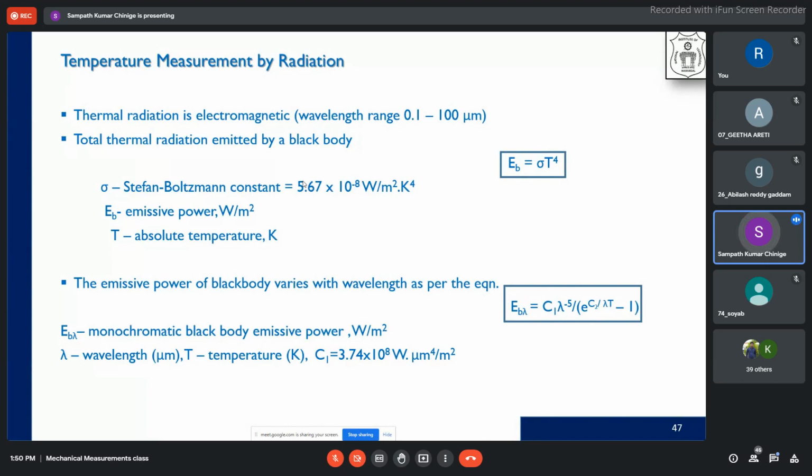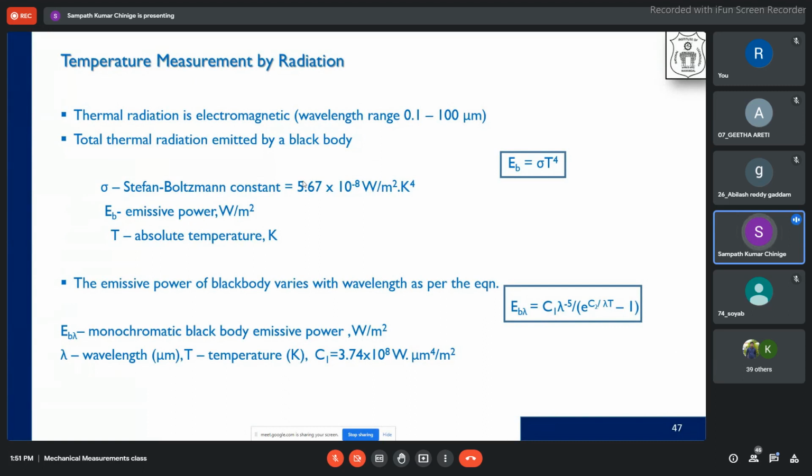Every body or object in the universe, if it is above absolute zero temperature, tends to emit radiation because of the energy possessed by the heat element or thermal energy. The electromagnetic radiation emitted due to the temperature of the body is what we call thermal radiation.